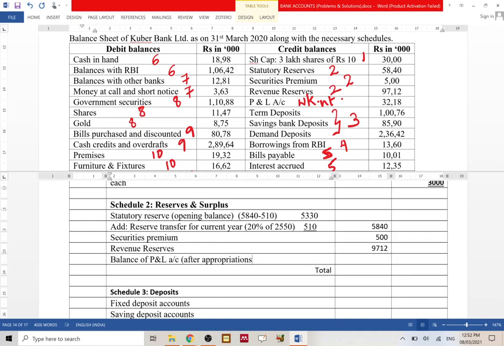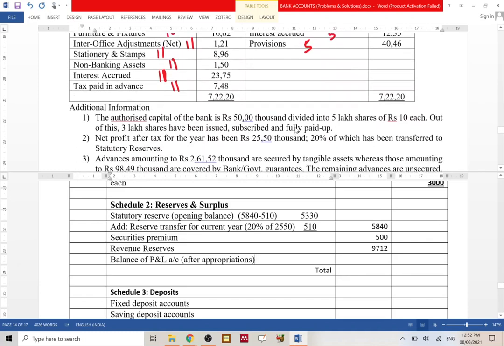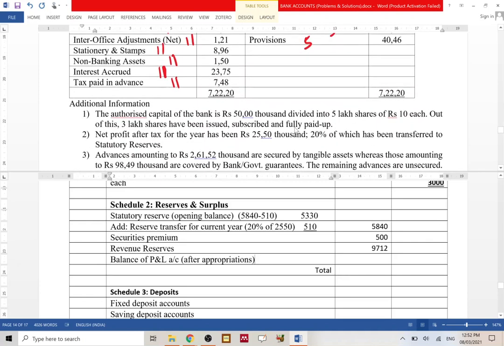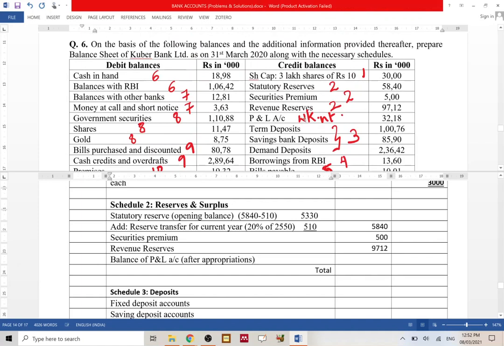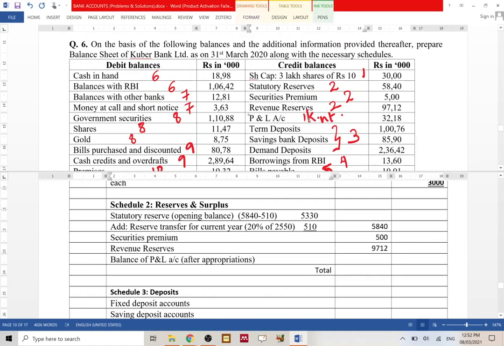There won't be any working note for it, although we had marked so that we can calculate how much was that net profit that was calculated after transferring. But since it is given that 20% has already been transferred, we consider that this profit and loss account balance which has been given over here, this is what we get after the appropriations, alright. So this is considered to be something that is already calculated after appropriations.